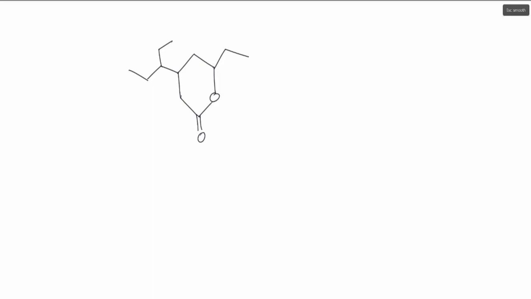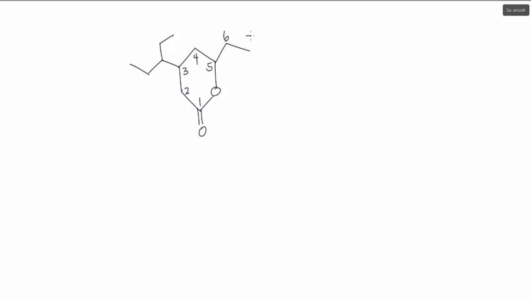So this is a lactone. 1, 2, 3, 4, 5. The intramolecular carbon has additional carbons bonded to it. So this is going to be 6. This is going to be 7.